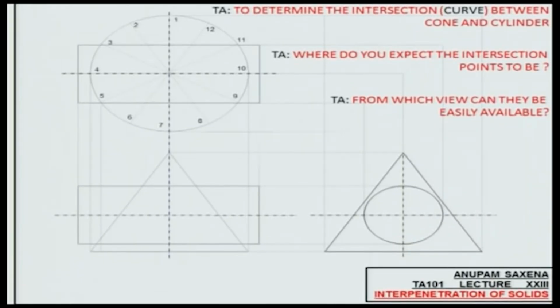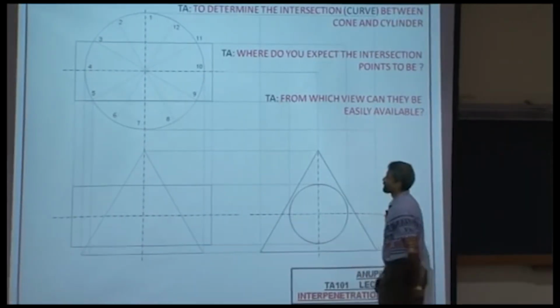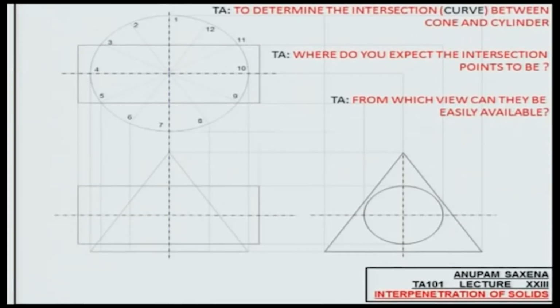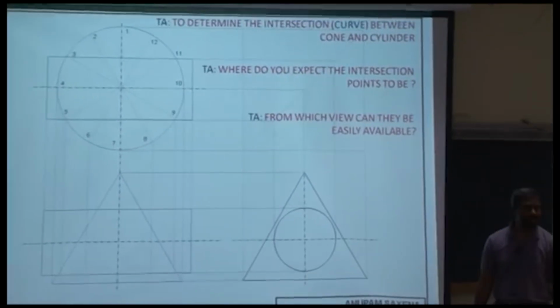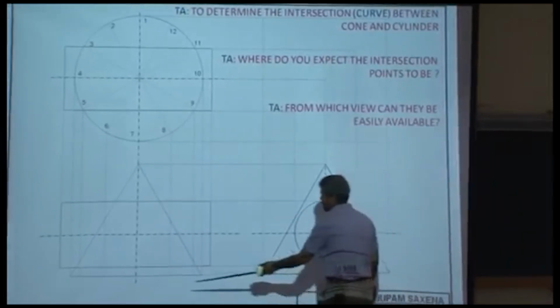Now, once I do that, I start taking projections of these points on the base of the cone onto the front view. Be very attentive, be very careful. And then I start labeling the points on the base of the cone.